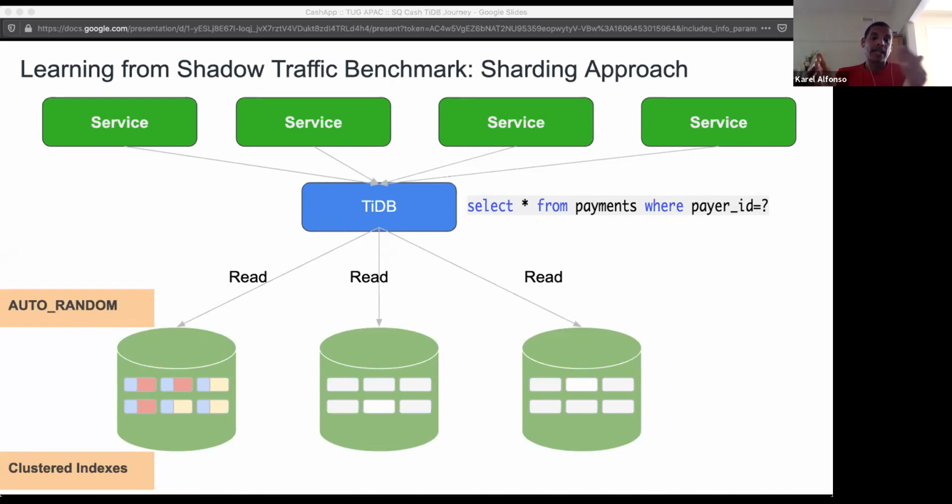In our case, we want to shard by customer ID, as it was in Vitess. Using clustered indexes, we can redesign the payments table to have a primary key of the customer ID plus the payment ID. That way, if the index is clustered, we can have a situation on the write path where most of the rows for a given customer are in the same shard or the same region.